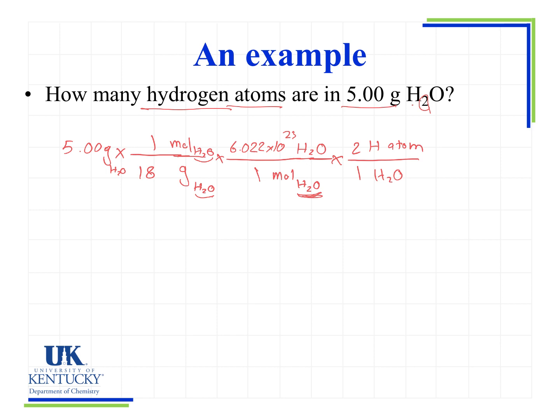Are we done? Let's see. So we have gram of water, mole of water, water molecule, and we end up with hydrogen atoms, number of hydrogen atoms. And the question is asking how many hydrogen atoms. So we are good with the units, so the rest is just putting these numbers in the calculator.